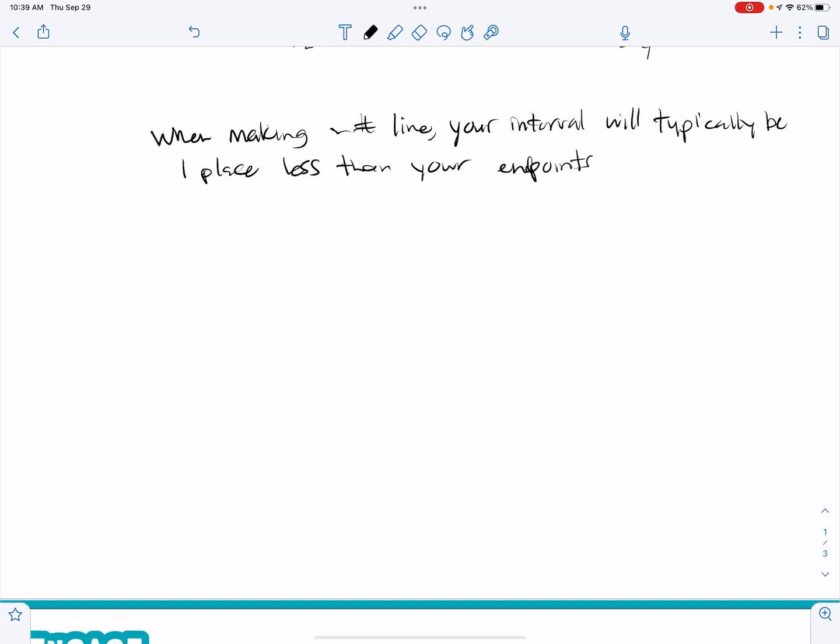I forgot the D in there. So if we were to think here, like if we have these endpoints, this is what our interval would be. So if we have an endpoint of like 10 and 20, these values are both in the tens place.